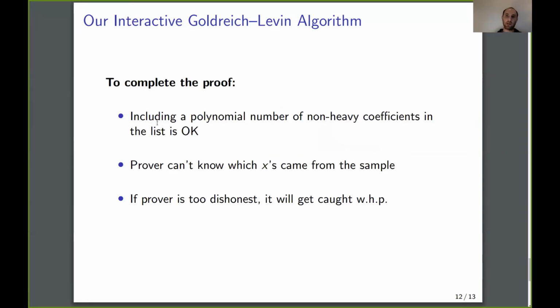And the reason is that what we're going to do with this list of heavy coefficients is use it in the Kushilevitz-Mansour algorithm to estimate each one of these heavy coefficients, and that will give us an estimate of the function f. Basically, the more coefficients you estimate, the better your estimate of f is. So we don't mind so long as this list is polynomial, and therefore we can actually estimate all of them with good accuracy and so on. So these additional non-heavy coefficients don't cause any damage.